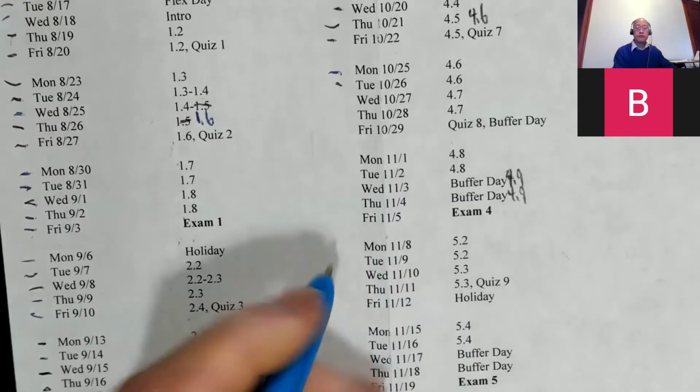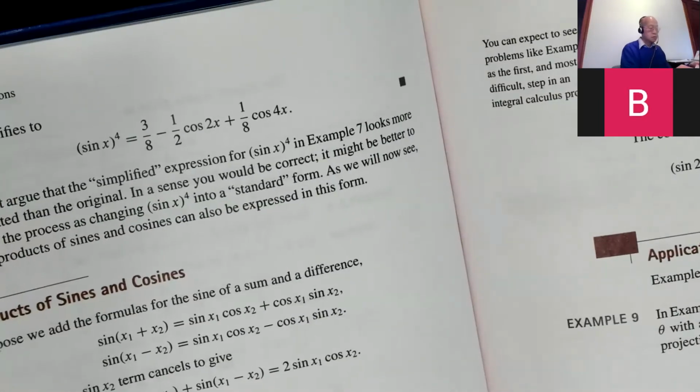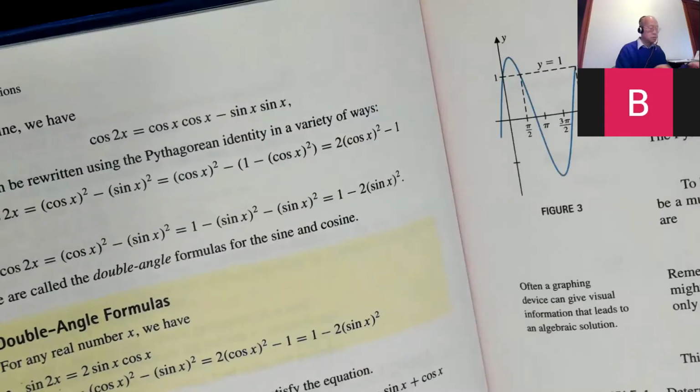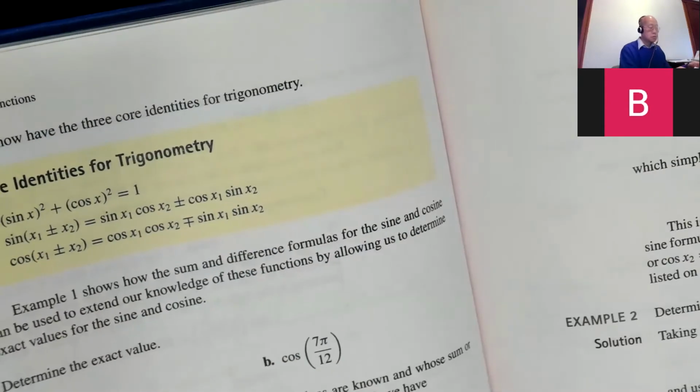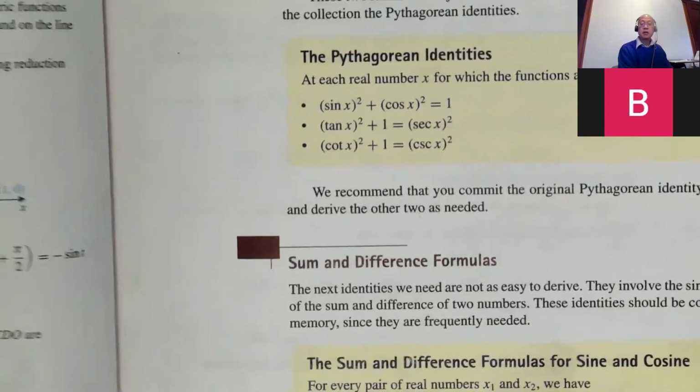All right, so continuing on with 4.7 today. So major formulas are the Pythagorean identities, page 239.